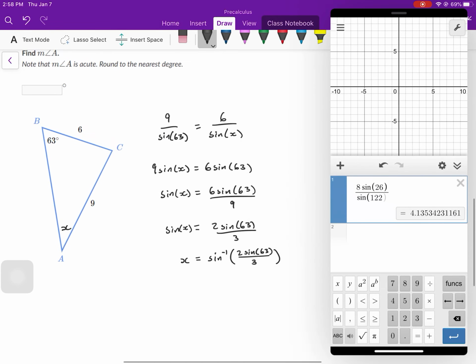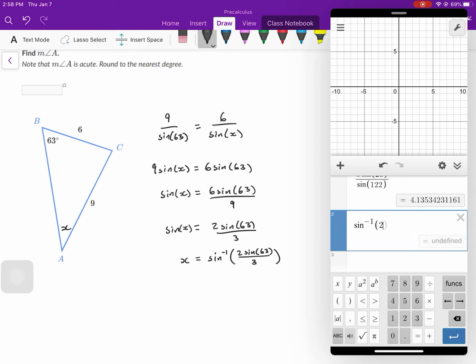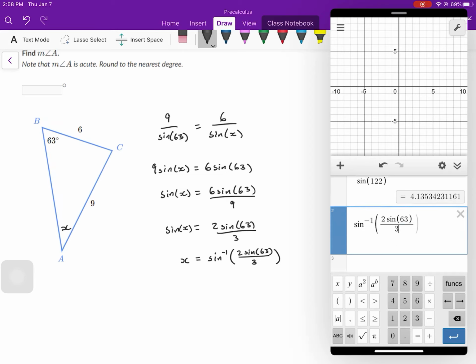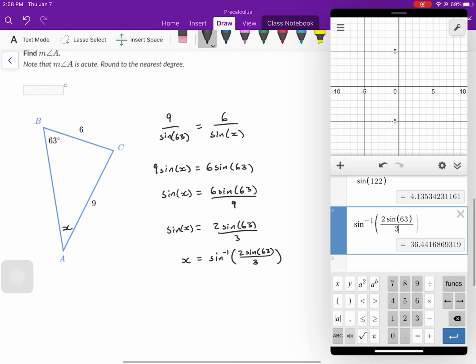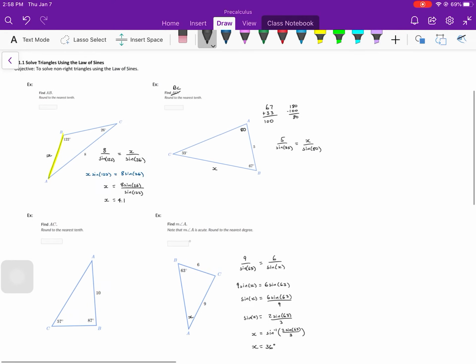From there, it's going to be kind of gnarly plugging this into the calculator: sine inverse of 2 sine 63 divided by 3. They want us to round to the nearest degree, so that's 36 degrees. And that's law of sines.